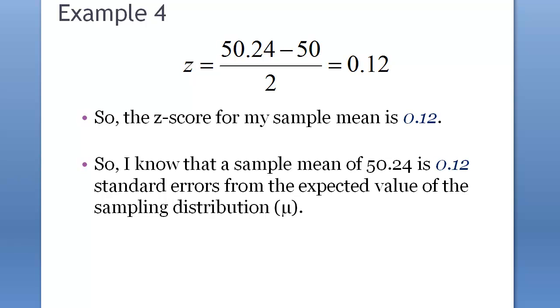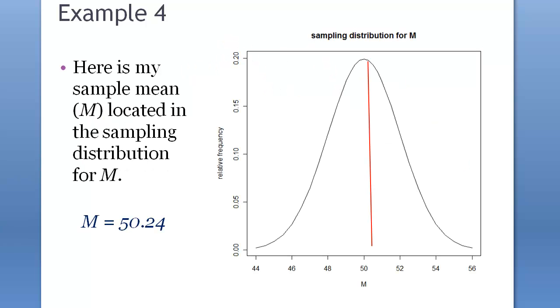So I know that the sample mean of 50.24 is 0.12 standard errors from the expected value of the sampling distribution.